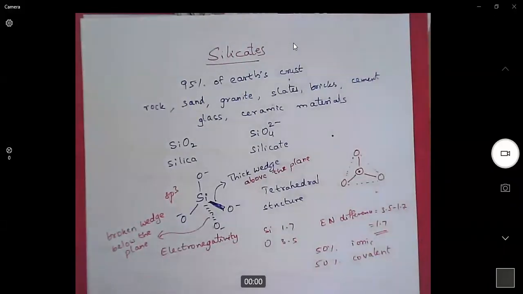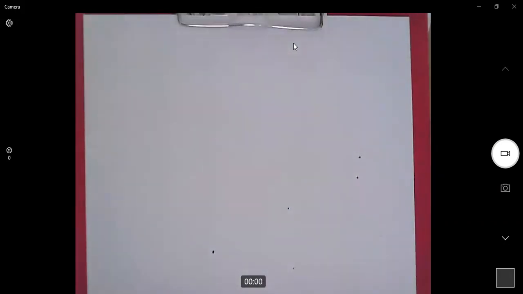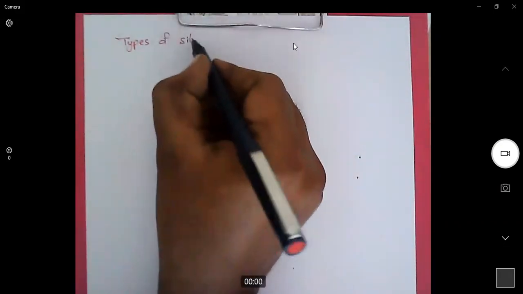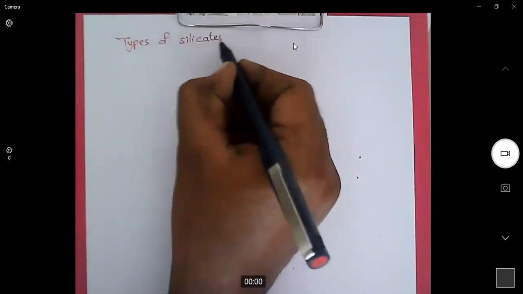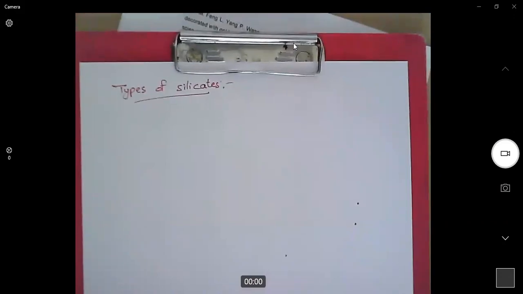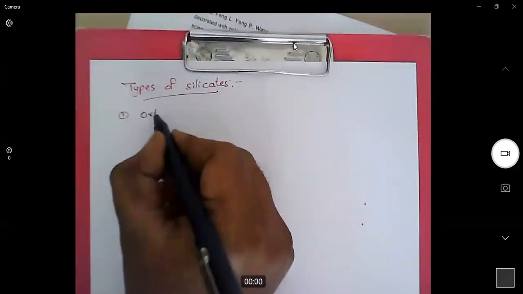Now we will discuss some silicates. Please take the notes along with me. First one, orthosilicates.